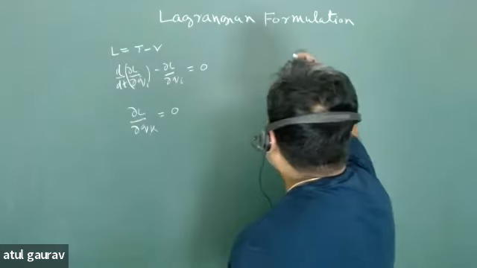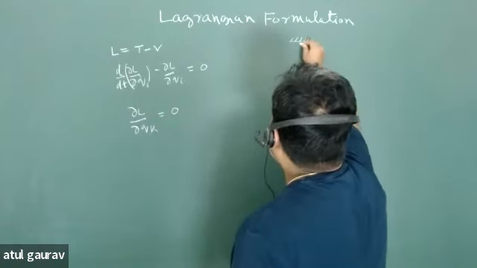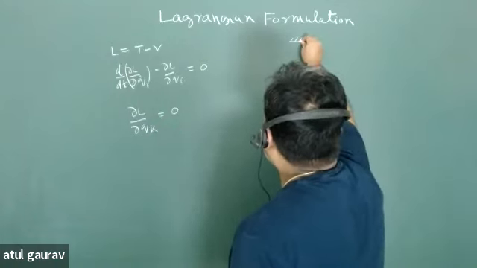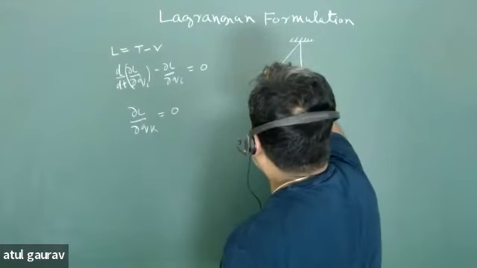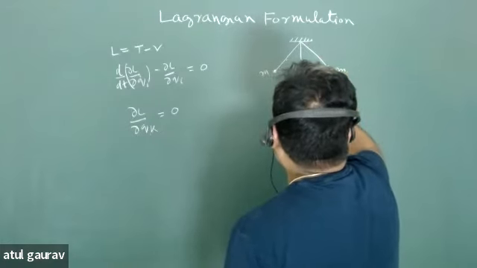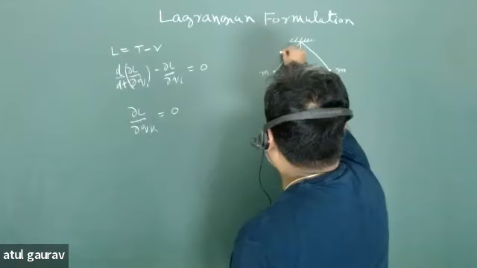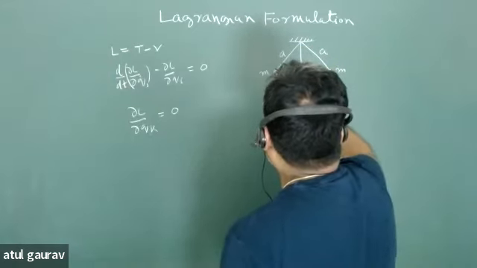So basically, one particular rod is there, and there is some mass m, another mass m is there, and this length is a, and here is another mass.